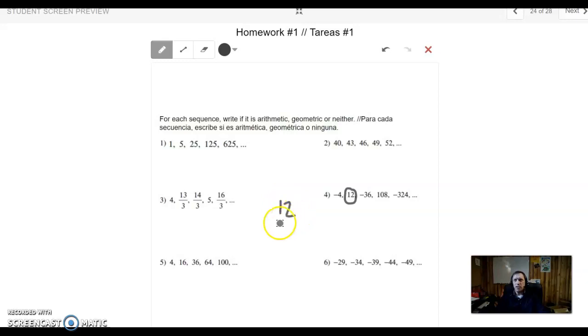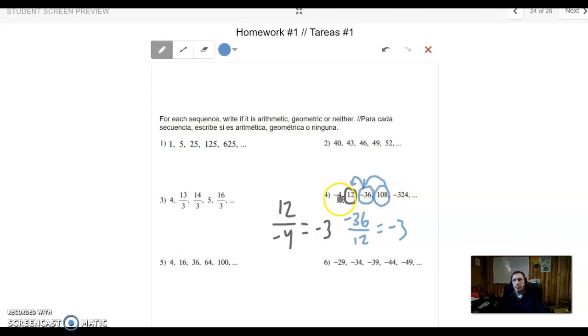I could just divide 12 by negative 4, and that's negative 3. If it works for another set, then we know we have our constant. So 36 divided by negative 12, I also get negative 3.